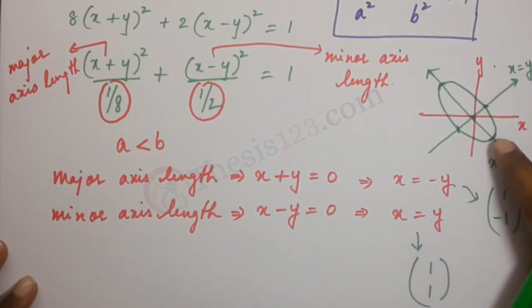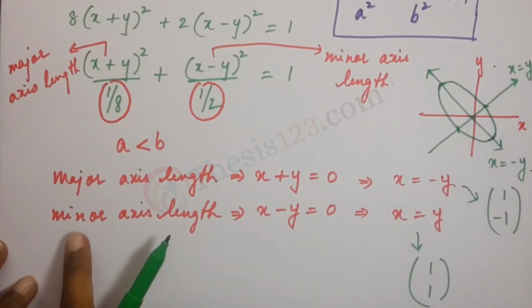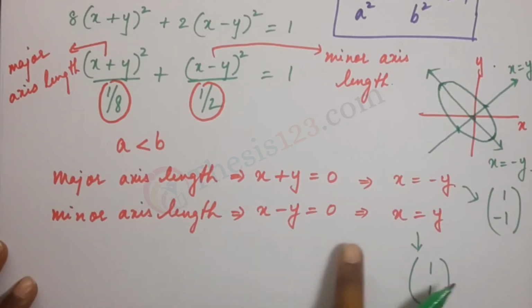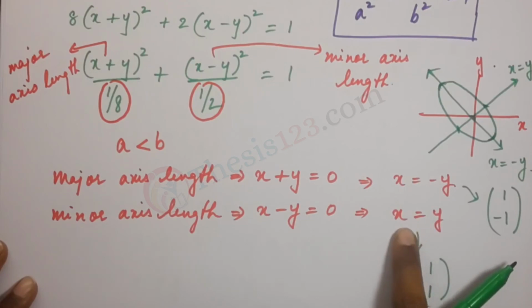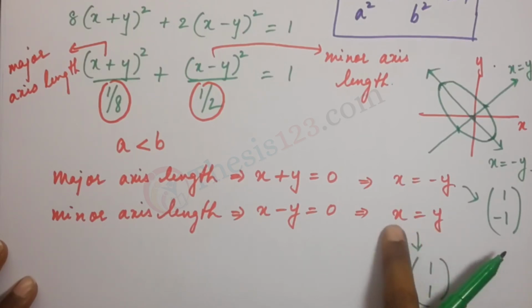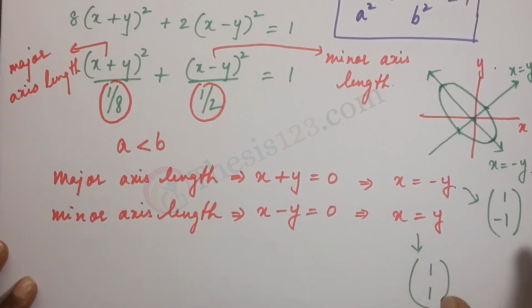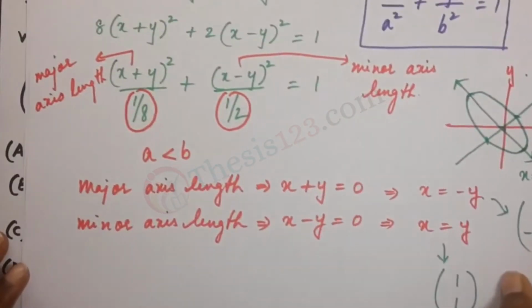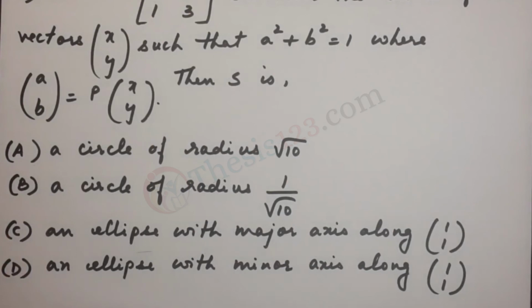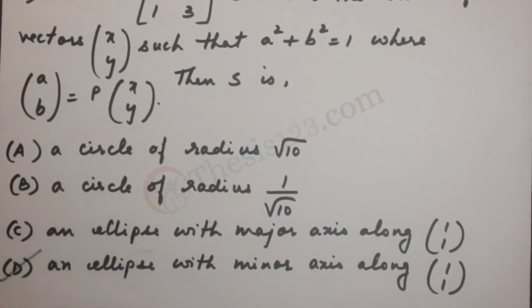It means that the ellipse's minor axis lies along x minus y is equal to 0, which gives us x is equal to y, and x and y are positive values. So that's our final answer here. The final answer is D, an ellipse with a minor axis along (1, 1). I hope this has helped.